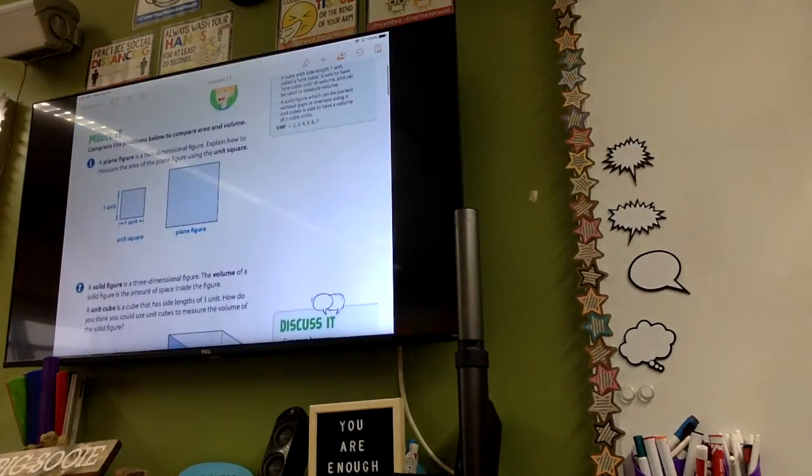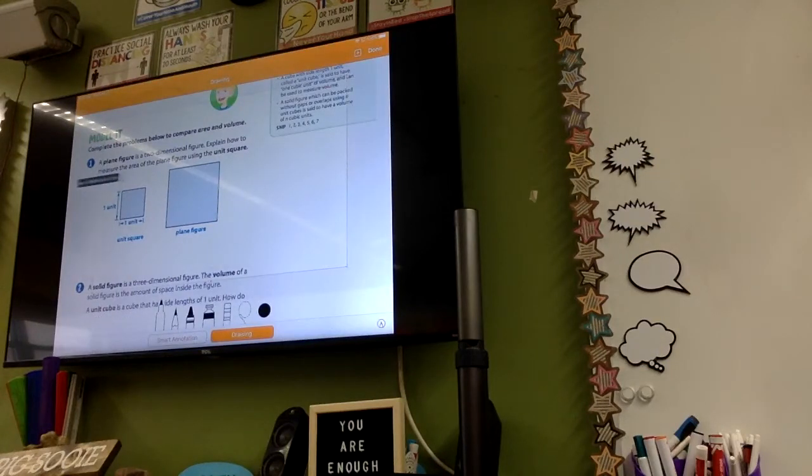Okay, so that had a whole lot of words in it. Everybody know what all of that meant? Plane figure, two-dimensional. What does it mean if something's two-dimensional? Ania, what does that mean? 2D. What is 2D?